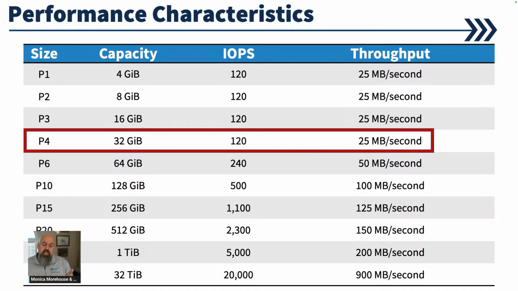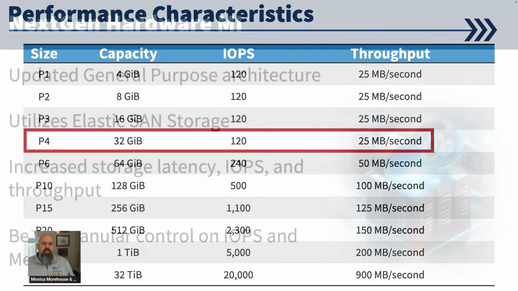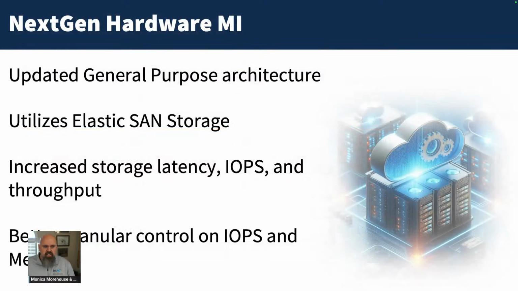Now, one of the things that you can do, and I highly recommend this: last November, Microsoft generally announced next-gen hardware for managed instance. They actually redid the architecture underneath the scenes. We no longer use network attached storage per se. They actually have an ESAN, or elastic SAN, storage now that they use to facilitate this.